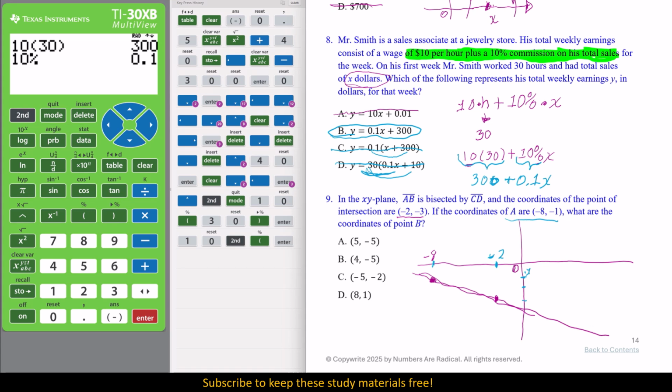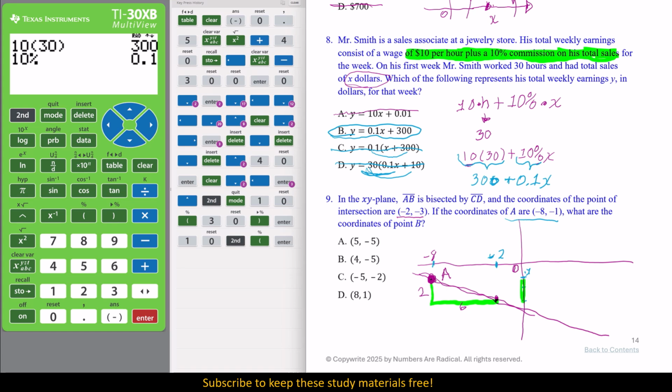So what am I going to do? From A to the midpoint, I go down 2 and then over 6. So this is 2 and this is 6. And that is an intersection, so that's going to be a midpoint. This is A because A was -8, -1.